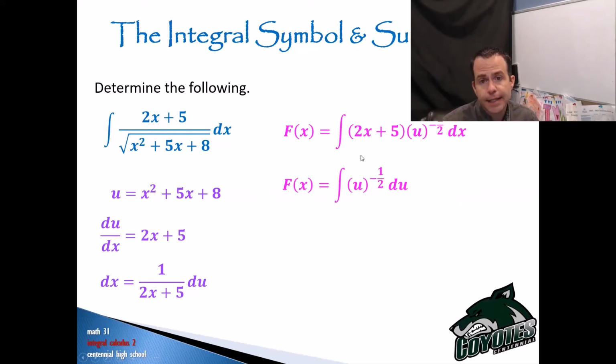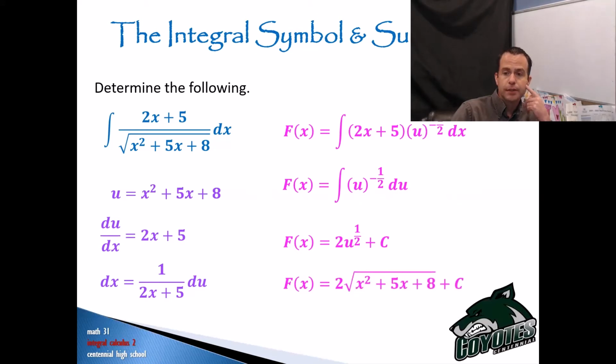When I go to take the integration of that, negative 1/2 goes up to positive 1/2. I take my coefficient, which is currently a 1, divide by 1/2, and that'll be 2. So I end up with 2 u to the 1/2. Then I put u back. u was x squared plus 5x plus 8. So I'm looking at 2 root x squared plus 5x plus 8 plus c.